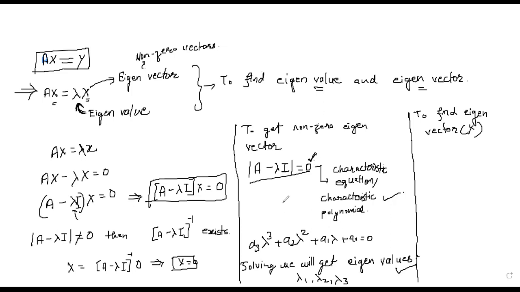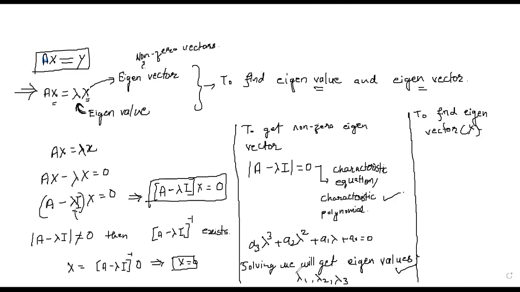There is no x in this equation. Which equation? The previous one: A minus lambda I, whole multiplied by x, is equal to 0. Very good.